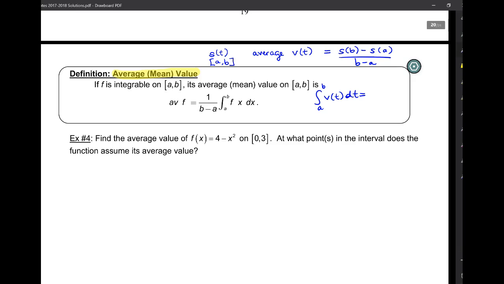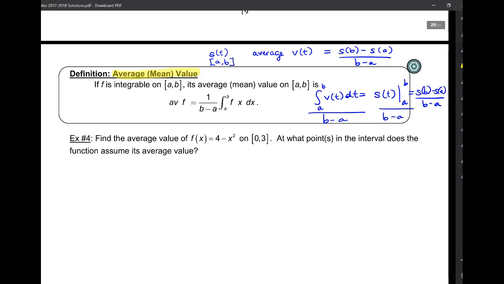No, you just had a final. So it would be the position evaluated from A to B. That would give us the displacement. If I want the average, I would divide this over B minus A. So I'd get S of B minus S of A all over B minus A. So, is that too confusing?